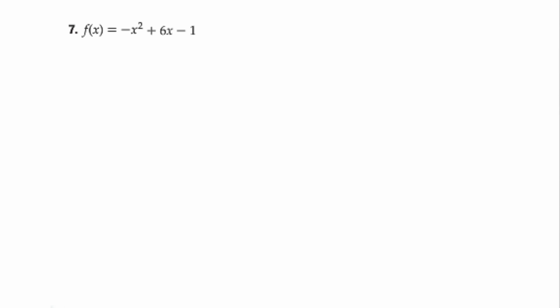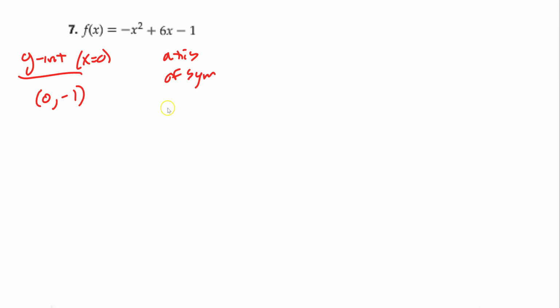Let's do another one, a brand new one, so we can talk about it. Same idea. I want to find the y-intercept. Set x equal to 0. Again, plug in 0, and that goes away, you just get negative 1. So my y-intercept is at (0, -1). Let's find the axis of symmetry. x equals negative b over 2a.